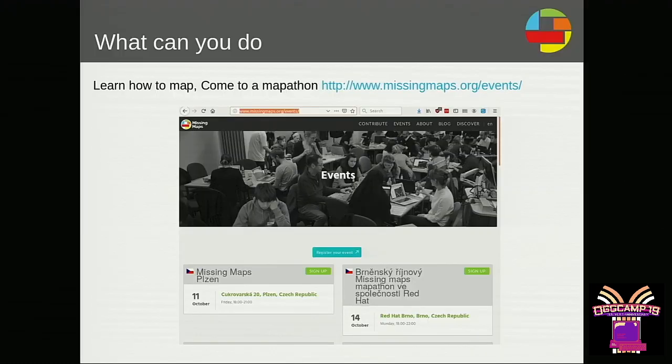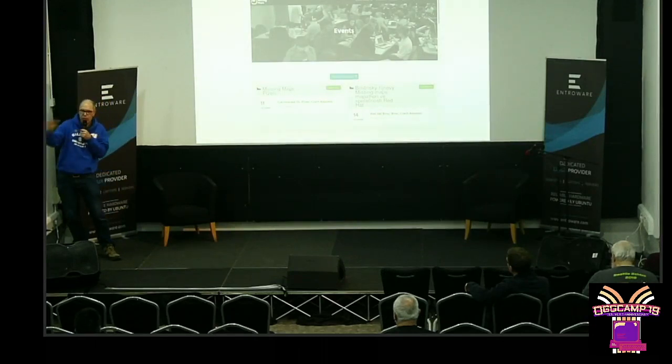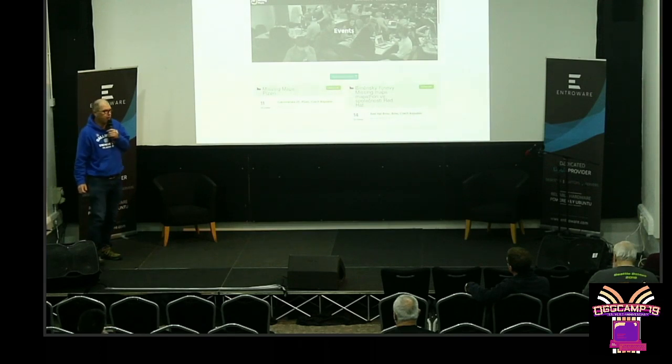So, what can we do about this? Missing Maps, as an organisation, holds regular mapathons. So we try to get people together with laptops, and we teach them how to do the mapping, how to do it. If anyone came along to my earlier talk, that was a very quick introduction to some aspect of it.